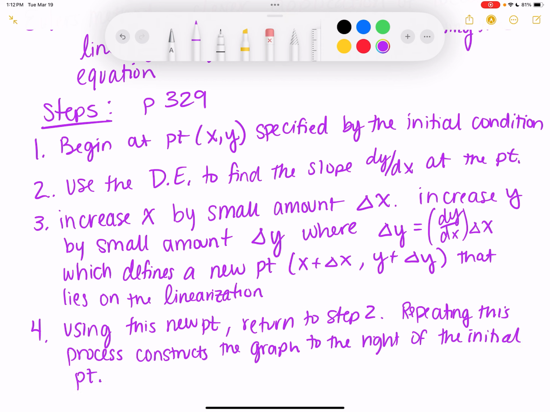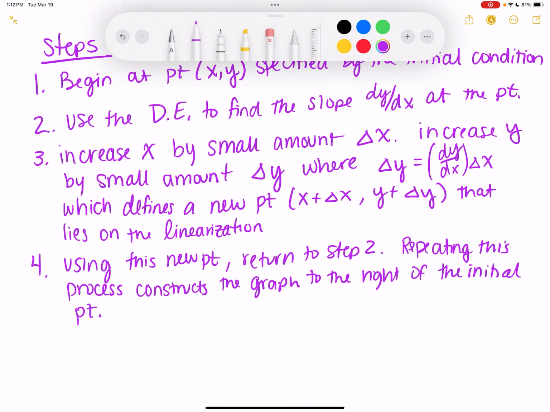And before you get alarmed, we're not actually graphing anything. We're just finding the points.